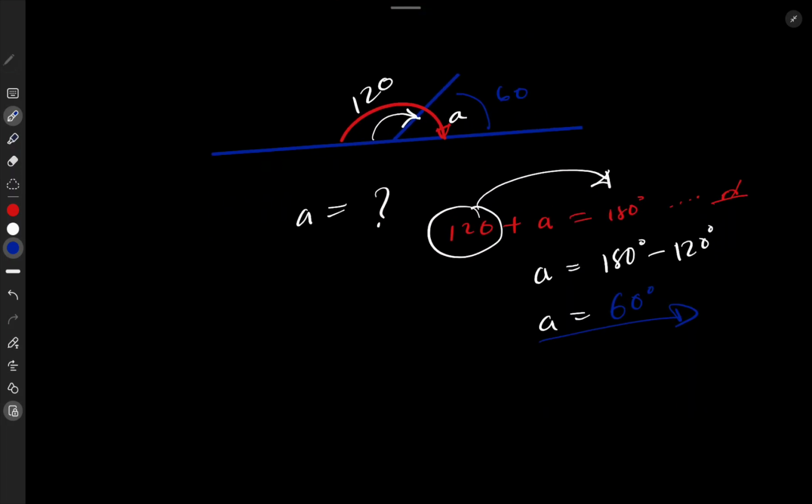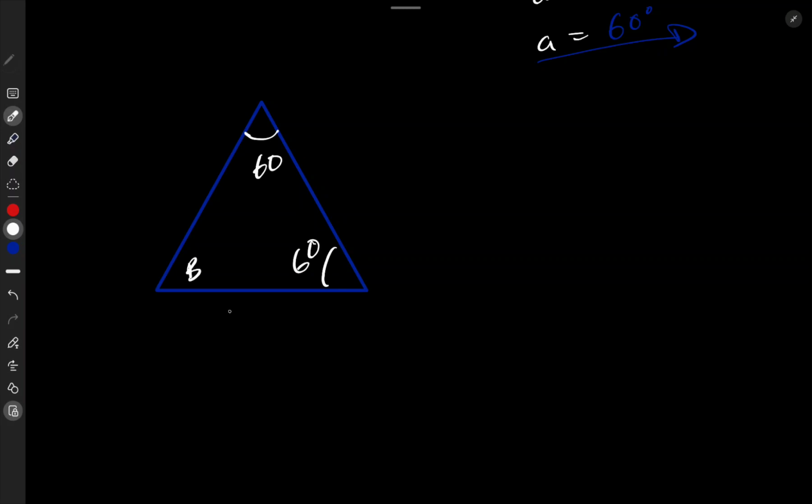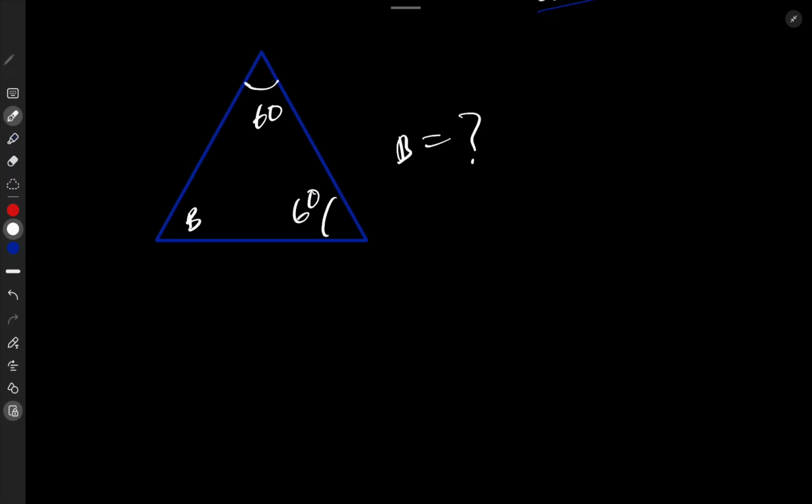It's special, okay? And I'll now go to a triangle with 60 here and 60 here, and they call this one B. And now they say give us B. This is Euclidean geometry. Remember, we're trying to build a foundation.